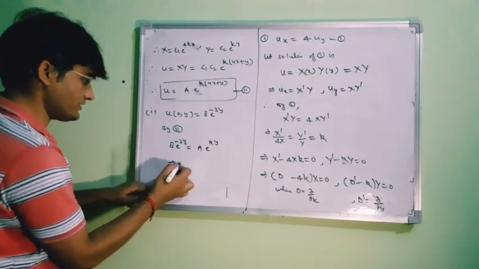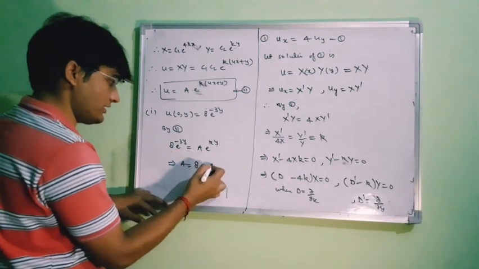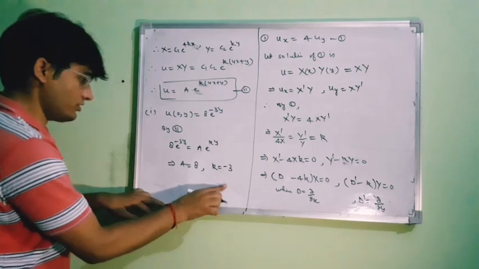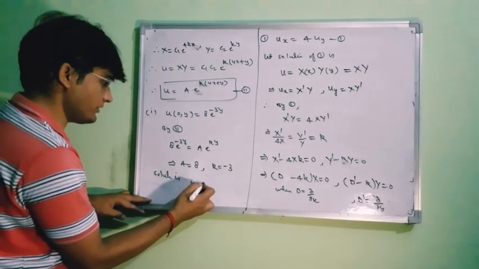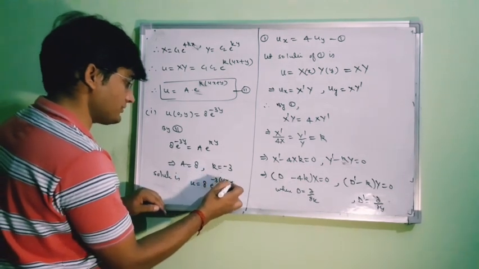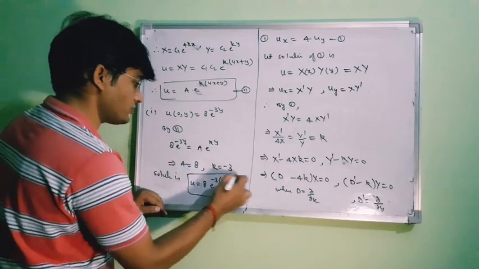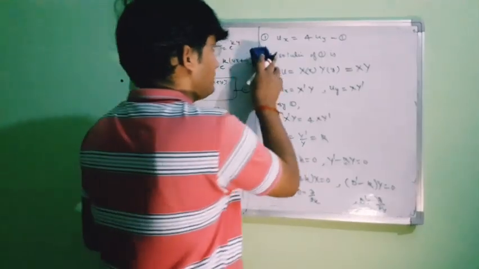So from here you can see that a is 8, and k is minus 3. Therefore your solution will be 8 times e to the power, k is minus 3, so in the bracket we have 4x plus y. So this is your solution for the first part. So hence it is our solution.